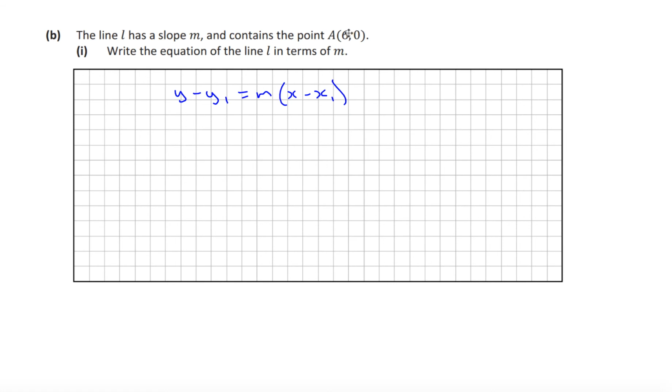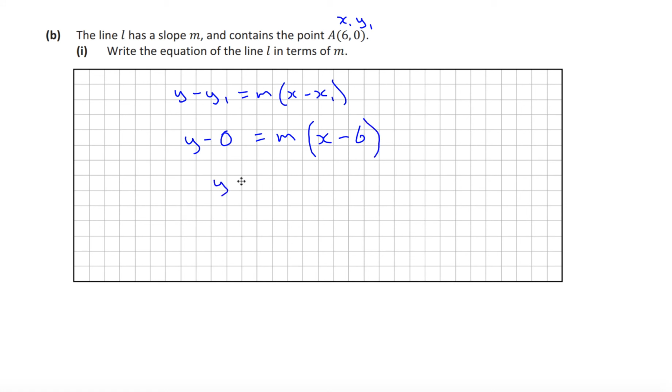The point we have is (6, 0), so that's our (x1, y1). So y minus 0 is equal to the slope, m, which is just m again, bracket x minus 6, the x1 value.